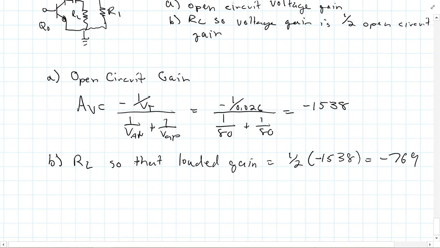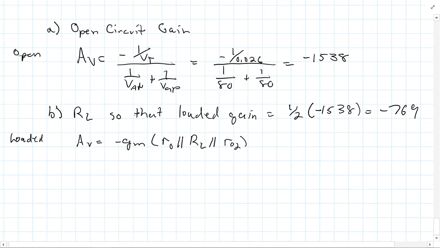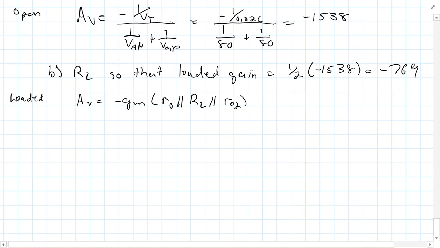Now remember, our loaded gain equation, this was for open, is -GM times RO in parallel with RL and in parallel with RO2. I'm going to rewrite this in a second, but let's first figure out what GM is.